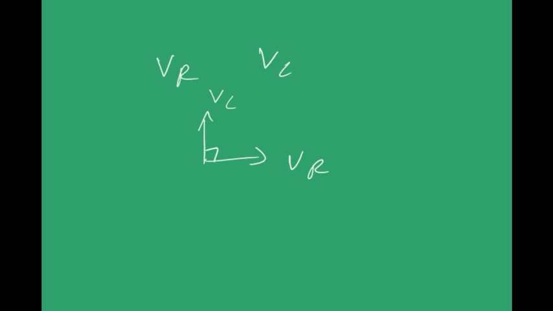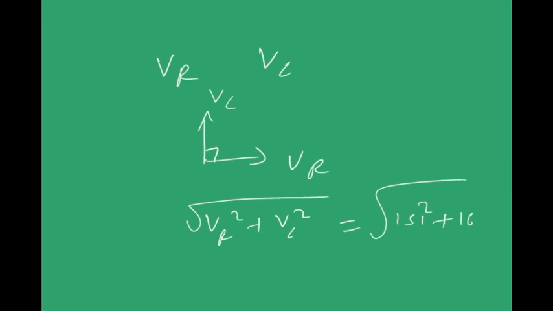So the net voltage due to these two will be given by the hypotenuse, and by Pythagoras theorem that's nothing but VR square plus VC square. So you have 151 square plus 160.3 square, and root of it will be 220. So here you are done. This is equal to the RMS voltage of the source.